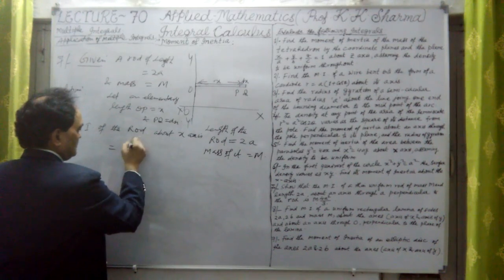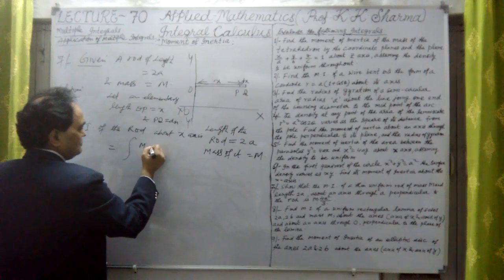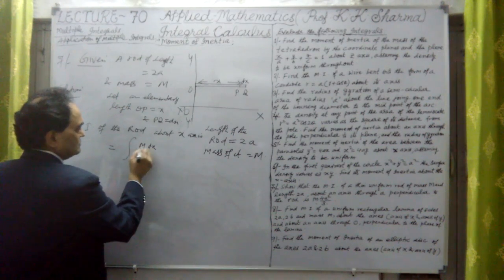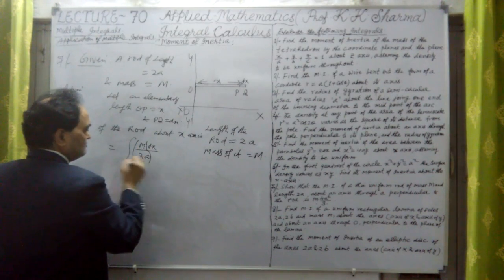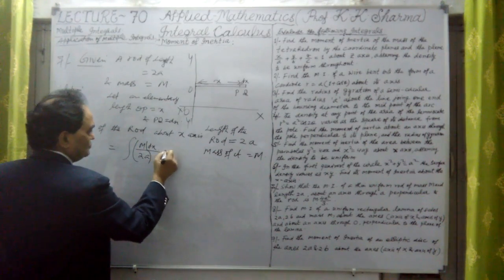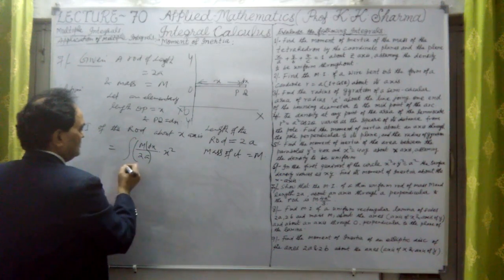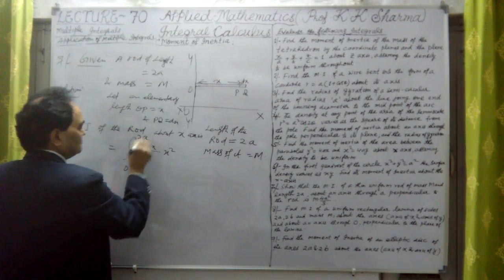We take m into dx upon 2a. M upon 2a is the elementary mass into dx into factor square. Limits are 0 to 2a.